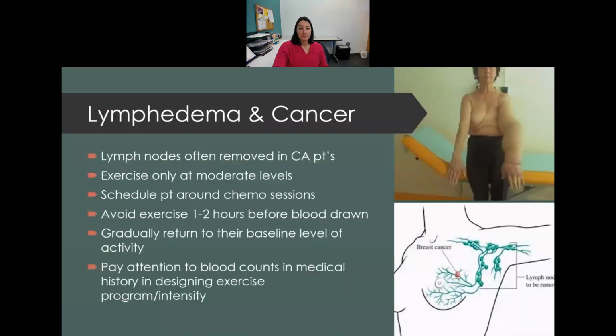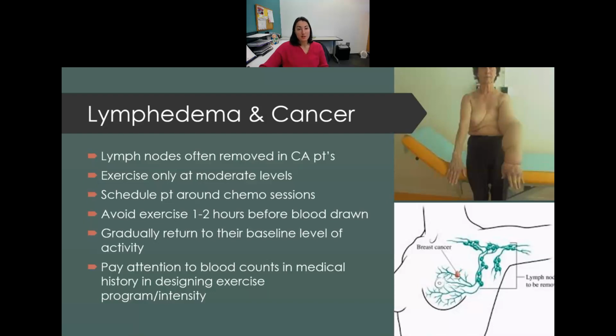Lymphedema and cancer. Oftentimes when somebody has cancer, they remove the cancer site as well as all the surrounding lymph nodes. If they have breast cancer, most of the time the lymph nodes in their armpit are removed, the reason being, if one of those lymph nodes has cancer, it's going to send the cancer throughout the system and cause it to spread, so they don't want to take that risk.